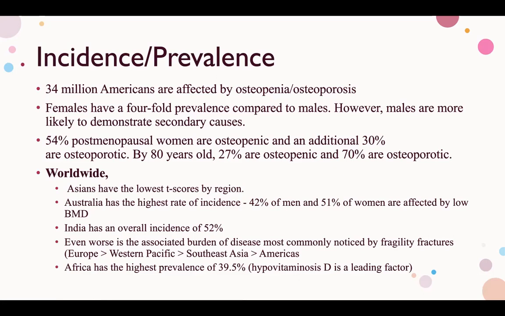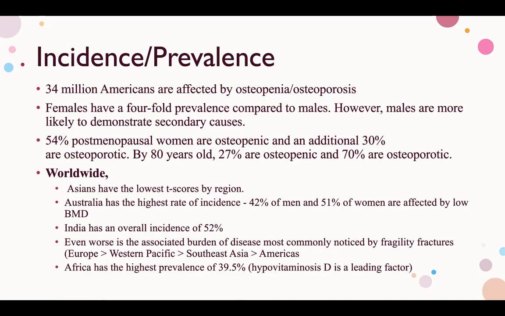And by 80 years of age, that figure goes down to 27% for osteopenic and over 70% for osteoporotic. Worldwide, Asians have the lowest T-scores by region. This is not the prevalence, it's just the severity of the disease.